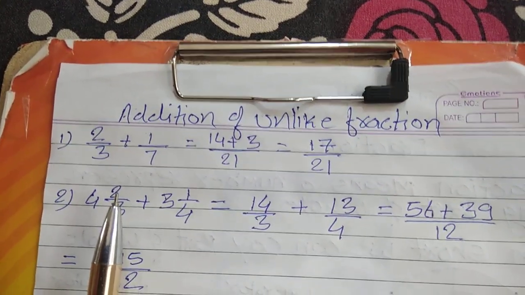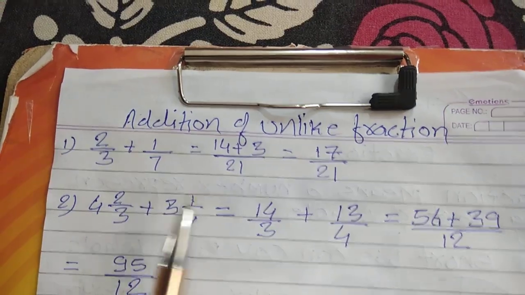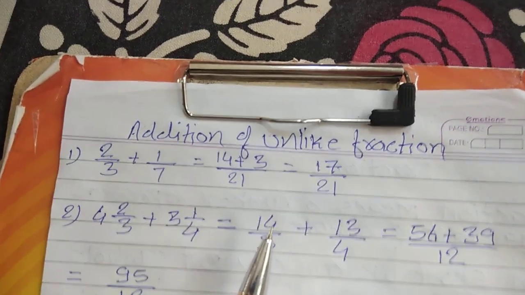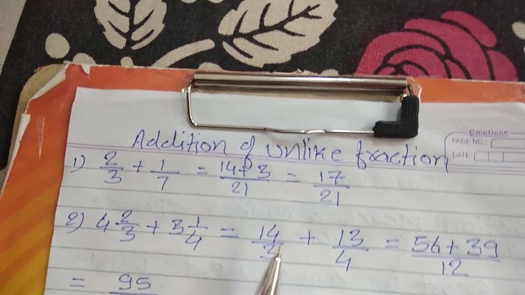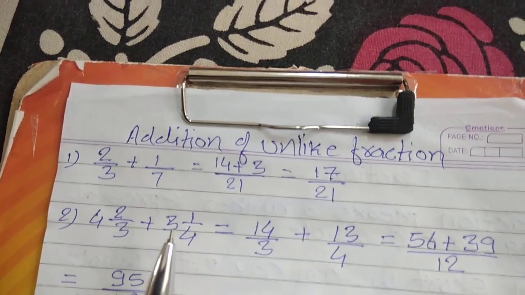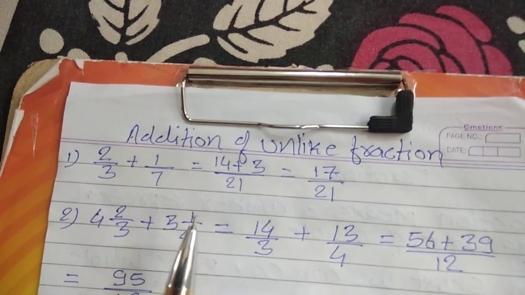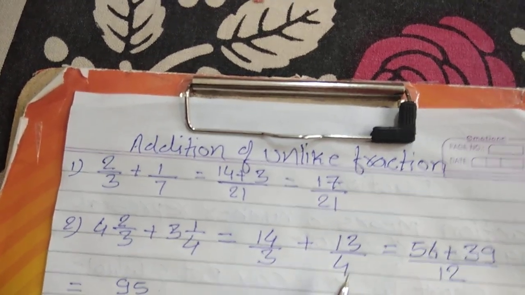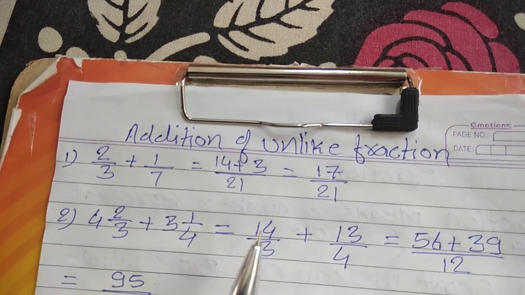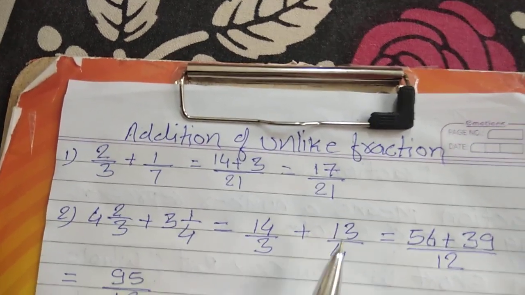Afterwards, add this numerator. So 12 plus 2, 14. I have written here 14, plus as it is, and this 3 as it is. Now here 4 3s are 12. 12 plus 1, 13. I have written here 13, and this 4 I have written as it is. Now we get here 14 upon 3 plus 13 upon 4.